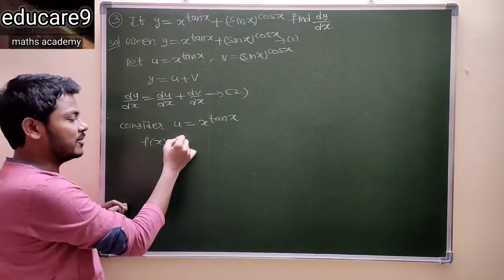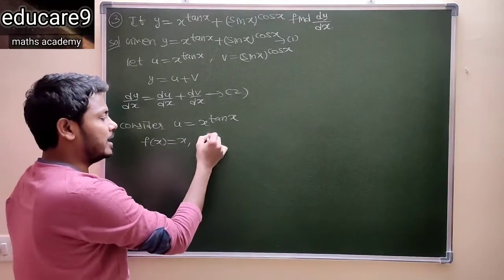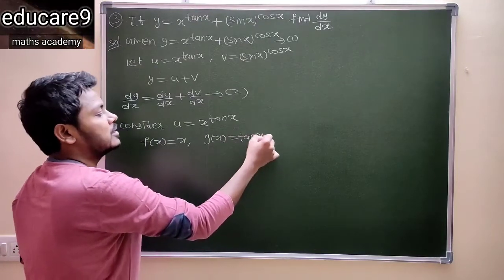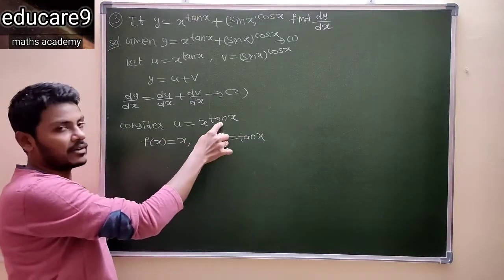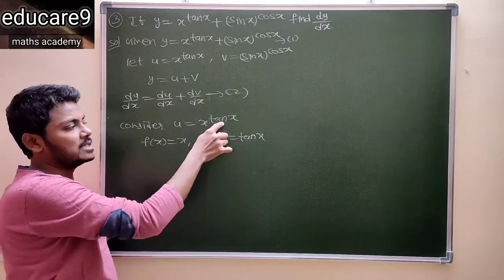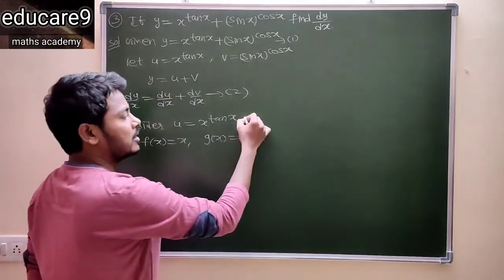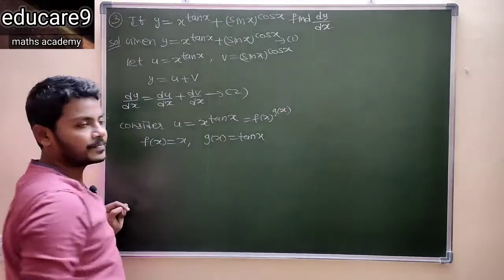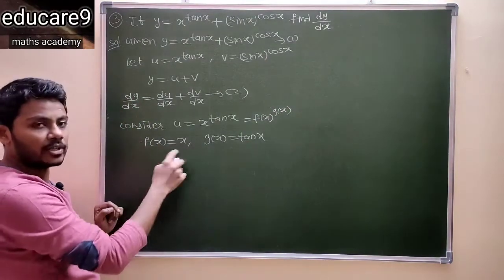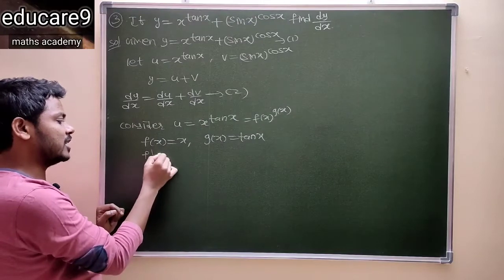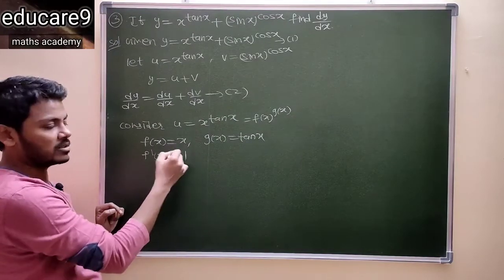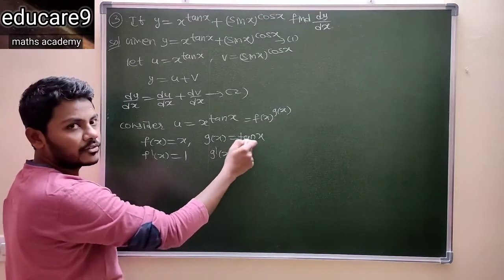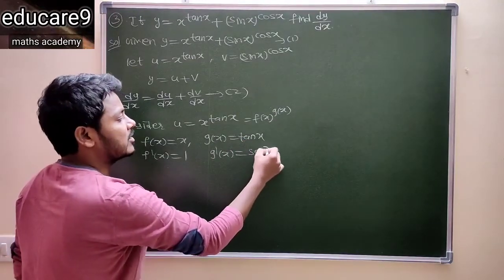Base is always f of x, that is x, and power is tan x. So f of x is x, g of x is tan x. Now find the derivative of this. What is f dash of x? The derivative of x is 1. What is the derivative of g of x? The derivative of tan x is sec square x.